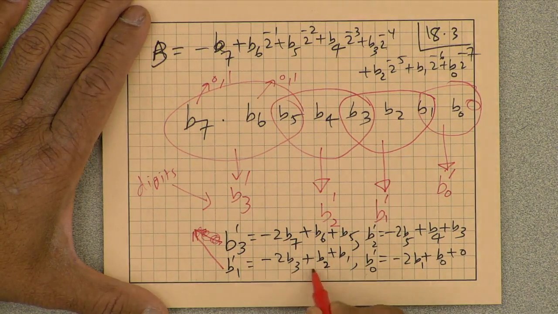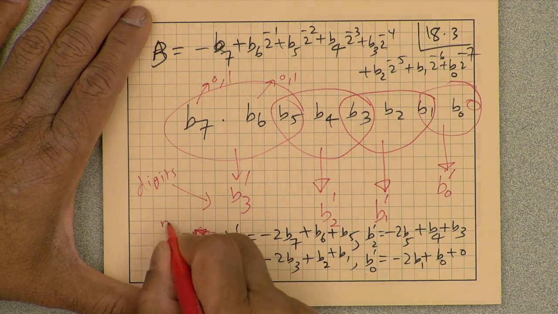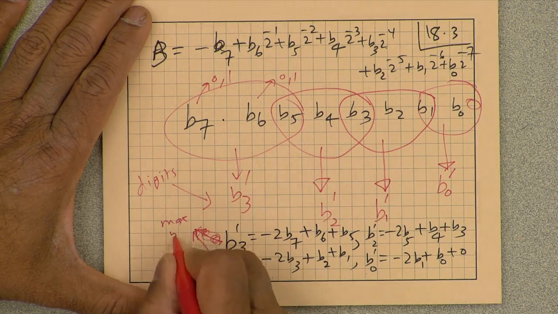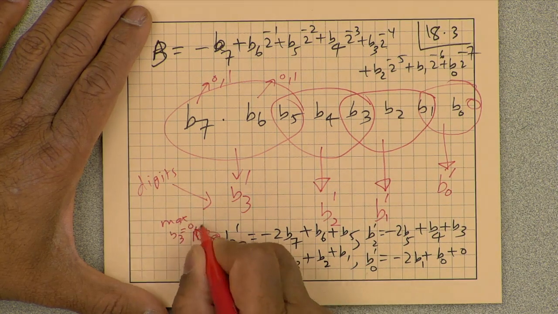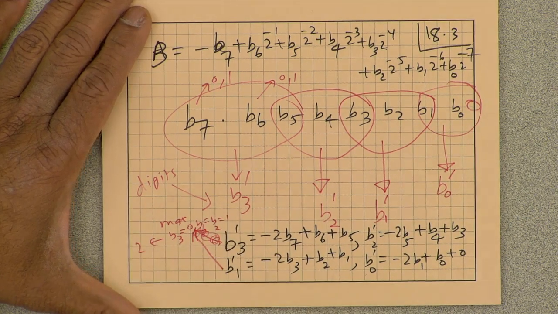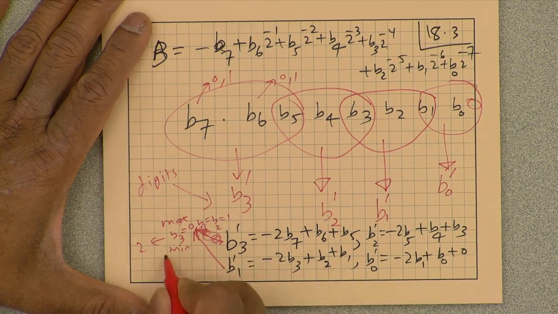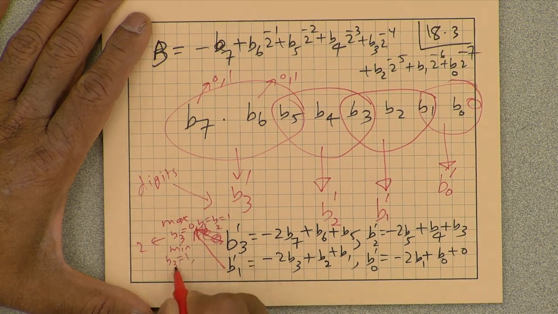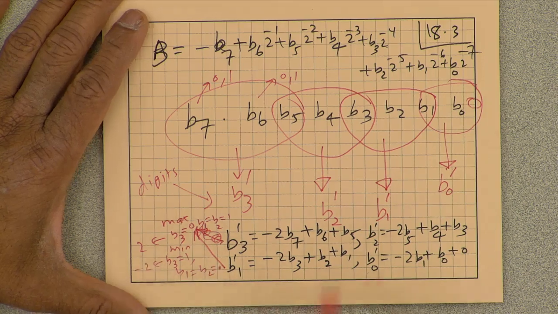The maximum value of B1 prime occurs when B3 is 0 and B1 equals B2 equals 1, and that means the maximum value is 2. The minimum is minus 2, because when B3 is 1 and B1 equals B2 equals 0, the minimum is minus 2.